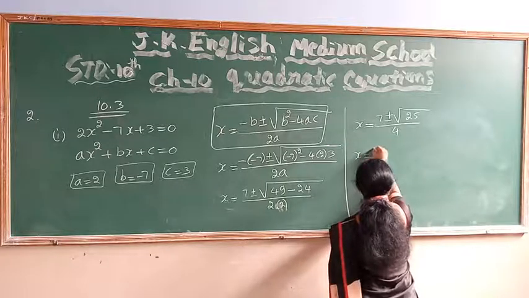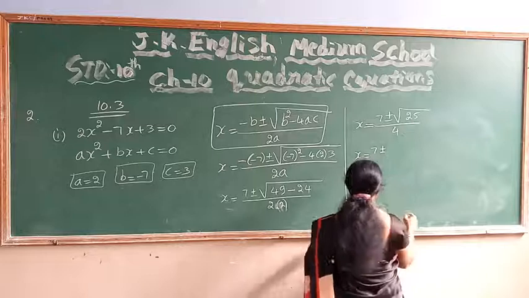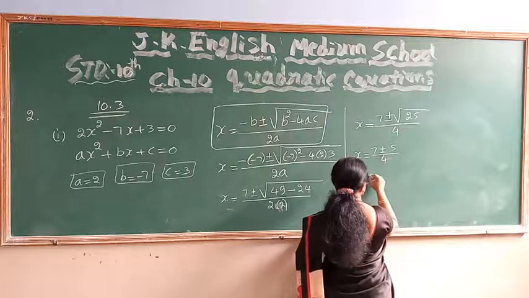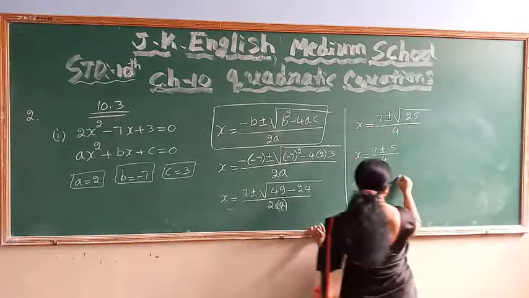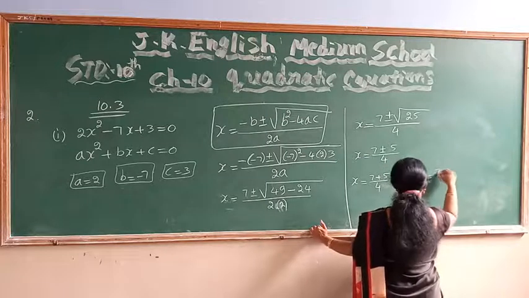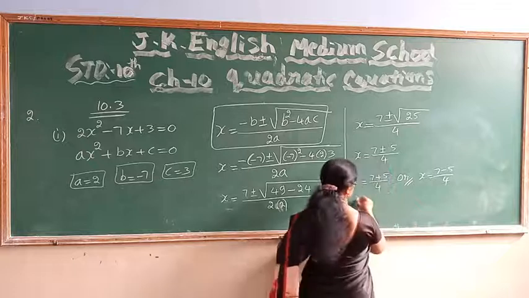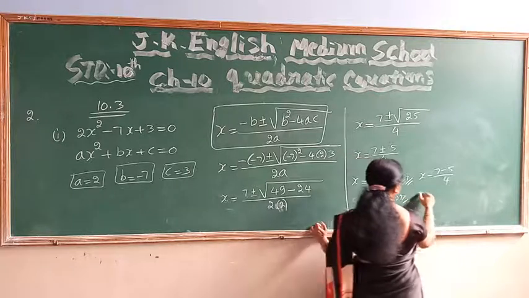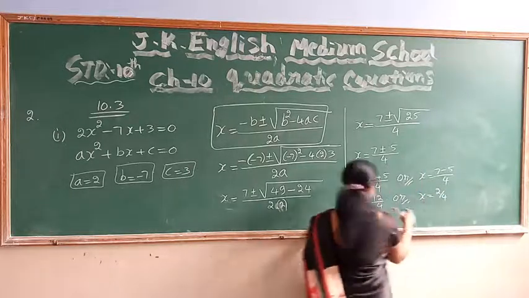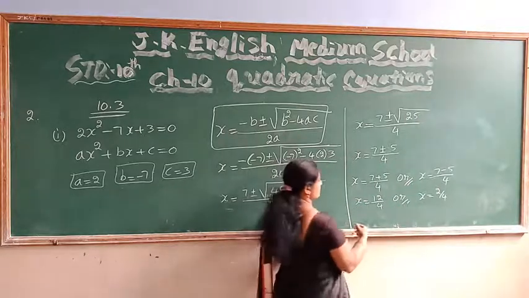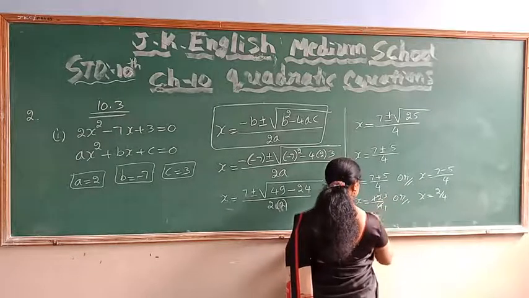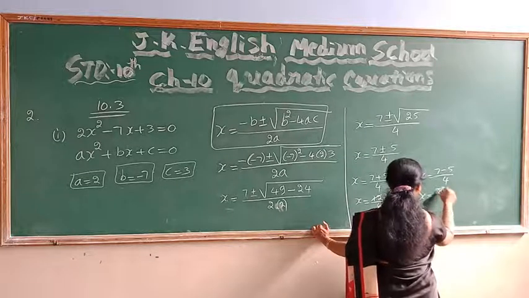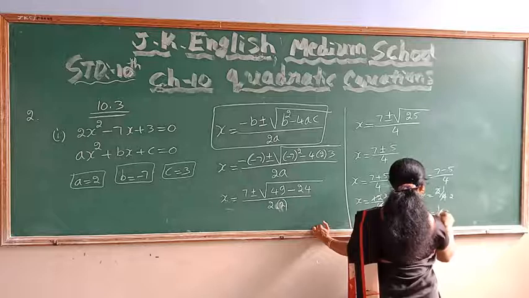So x is equal to 7 plus or minus 5 divided by 4. So the x values are x is equal to 3, or x is equal to 2 by 4, that is x is equal to 1 by 2.